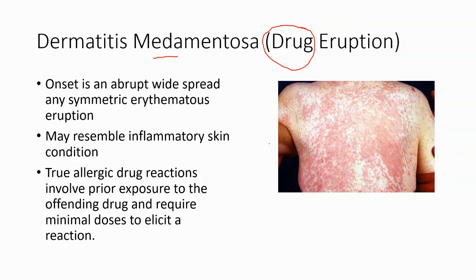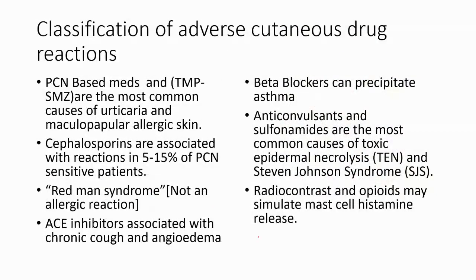May resemble inflammatory skin conditions. True allergic drug reactions involve prior exposure to the offending drug and require minimal doses to elicit a reaction. So they're allergic to a drug even at minimal doses, and they have had it before, so generally the reaction occurs on the second dose, not the first dose.